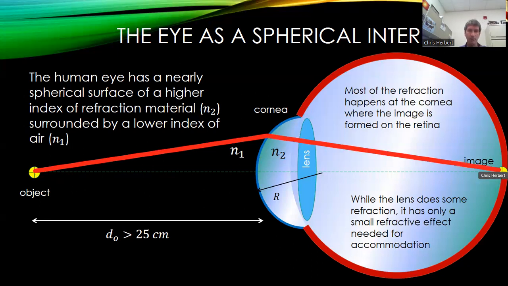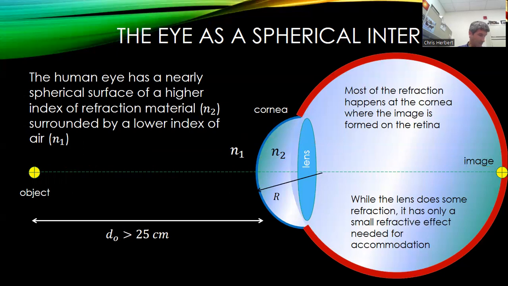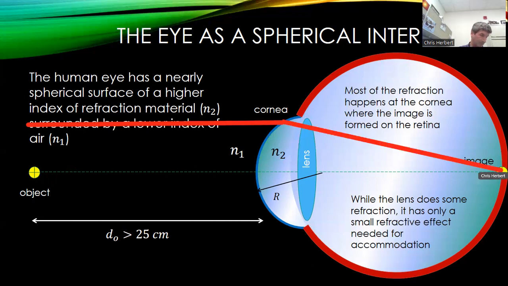Now, you know, when we look at the anatomy of the eye, we think, oh, lens, the lens is doing most of the refractive power. No, what the lens does is allow us to change from, let's say, looking at something very distant where the rays are coming in parallel and they will converge to a point on the retina, whereas if we're closer, it increases the refractive power just a little bit.